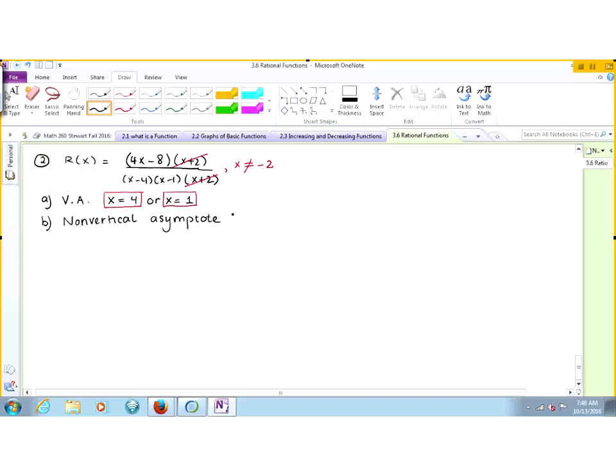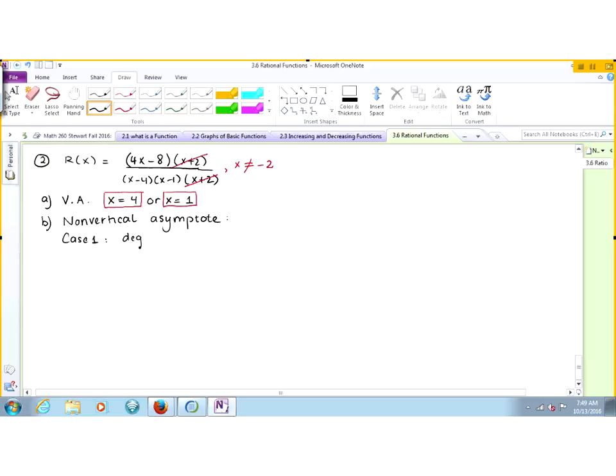All right. So what do you think? Which case is this? We had 3 cases yesterday. Which case is this? What's the degree on the top? Okay, what's the degree on the bottom? Okay, so which case is this? Case 1.